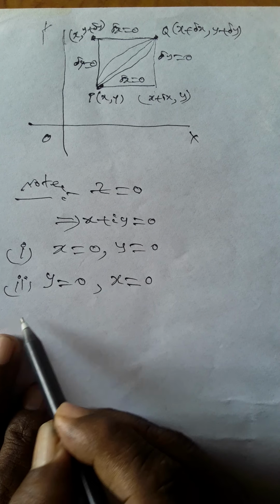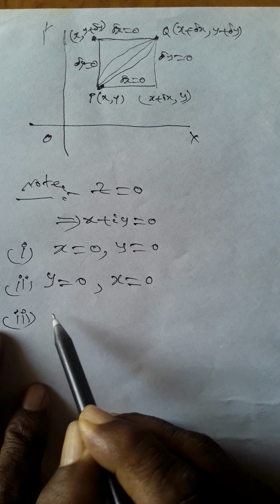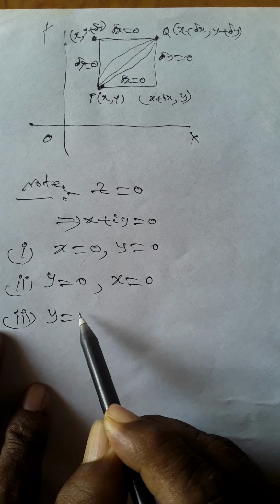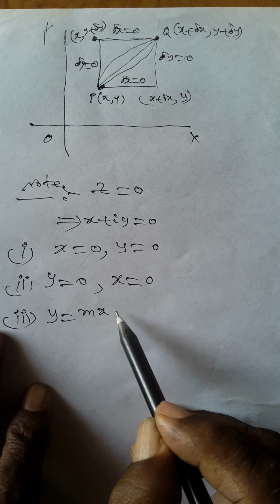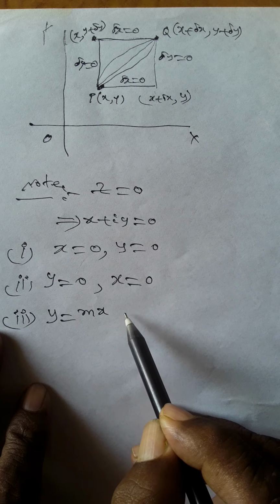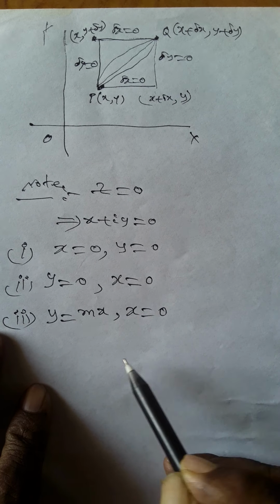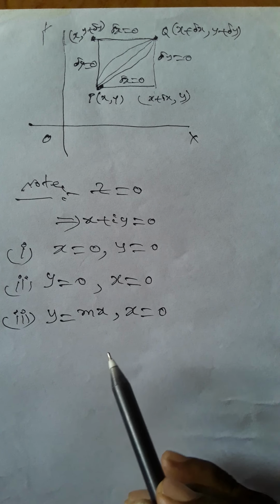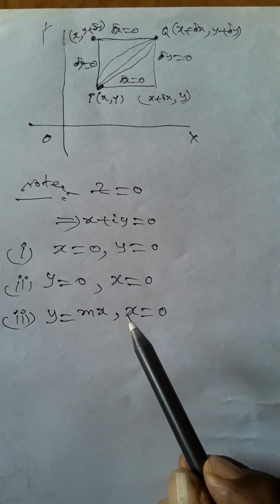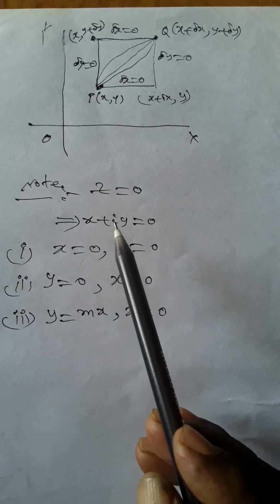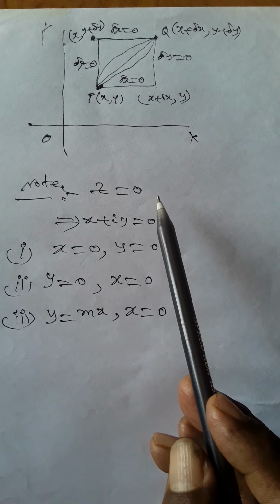This is one way, this is one way. Another way, y = mx, a straight line, a curve, whatever it may be, then x = 0. And this is the way of getting the value z = 0.